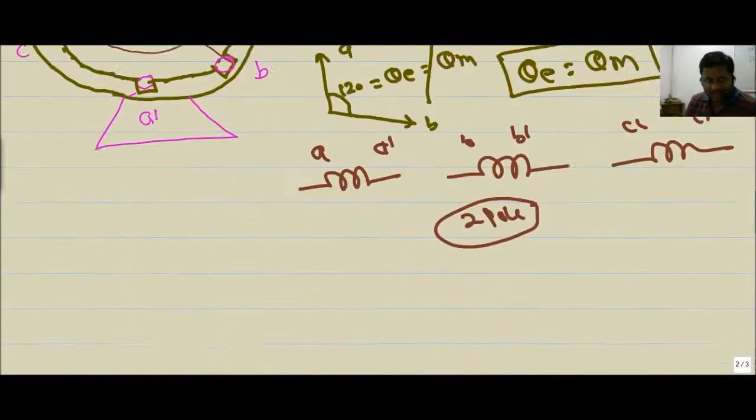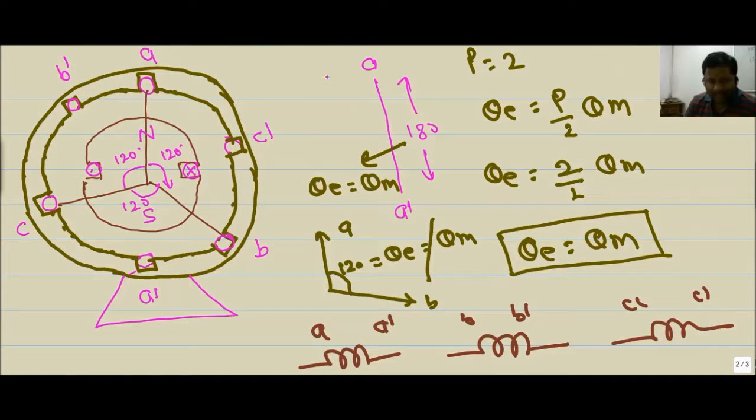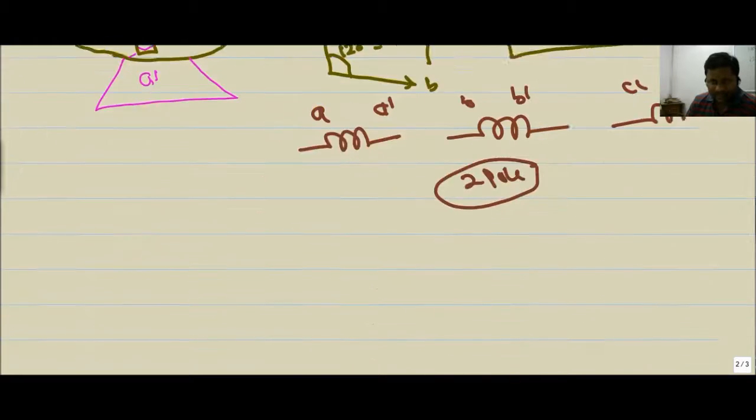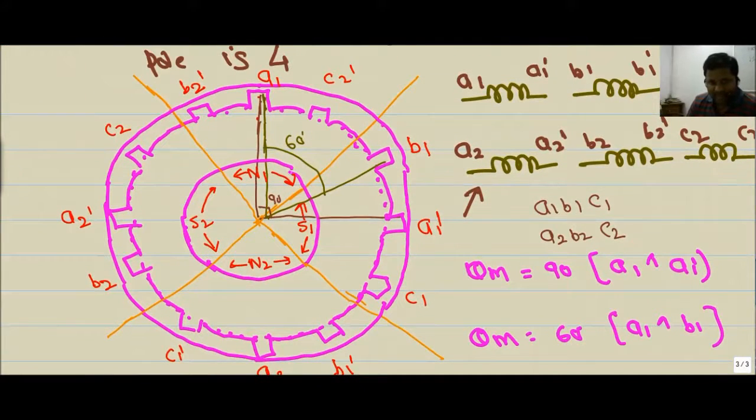In the previous case, we saw that the angle between A and A dash is 180 degrees, and between A and B is 120 degrees. But in this case, the angle between A1 and B1 is 60 degrees, and between A1 and A1 dash is 90 degrees.